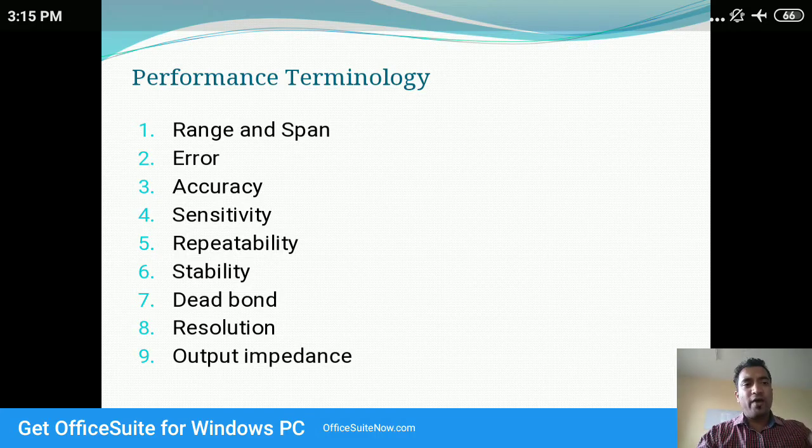Or if you have an AC, they give some range, for example from 10 degrees Celsius to 30 degrees Celsius it can work, meaning that is the temperature it can give you. Above or below that it can't. That is called range and span.